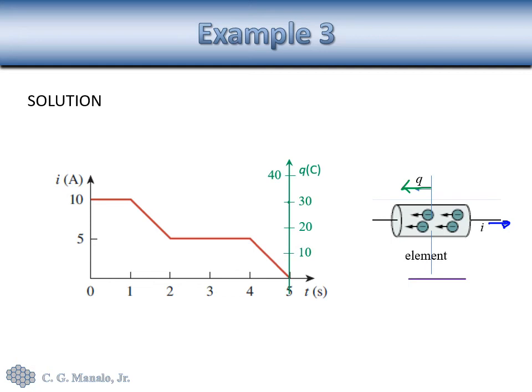Now take note that the plot of I is all positive. That means I is always in the right direction, and Q is also in the left direction between 0 and 5 seconds.